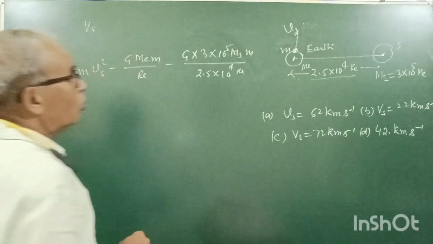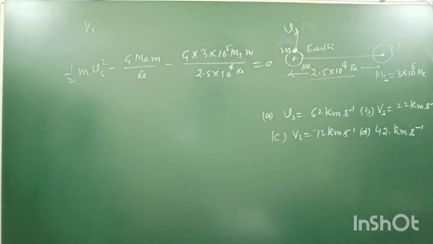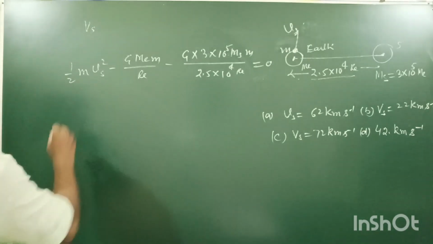When it goes beyond the pull it should be zero. Simple fact is this. From this we have to find Vs.